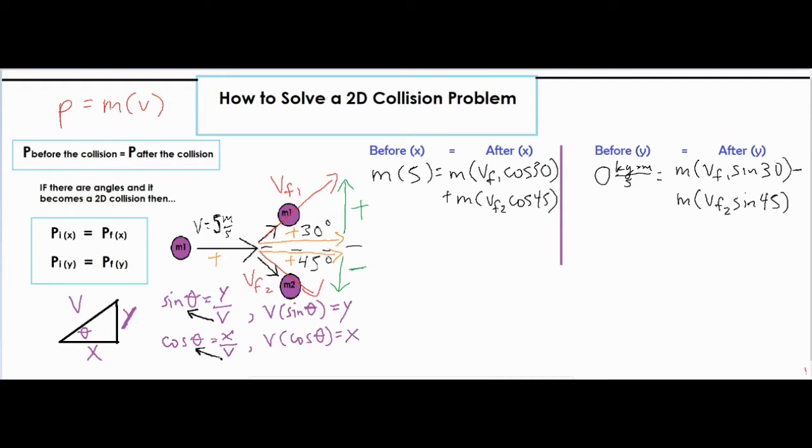Okay, so I set up everything I knew and I almost forgot this negative over here, so I had to correct myself and make sure I subtracted these two Y components. Speaking of the Y components, initially, if this one's moving to the right and my M2 was here at rest, we have nothing moving in the upwards or downwards direction. So we'll say that there is no momentum in the vertical direction overall. Afterwards, we do have some upward movement. So we broke those into these two green components.